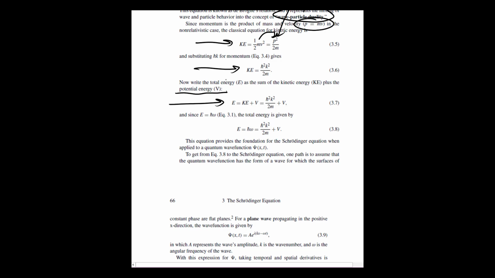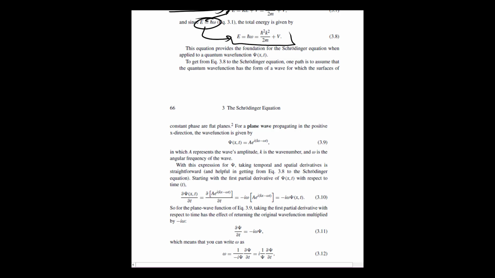If you've taken a course in electromagnetics, you probably think of V as the potential energy per unit charge, which we call the electric potential. In quantum mechanics, we tend to use V as the potential energy. So we're going to write that together with the kinetic energy and set that equal to the total energy. But Planck-Einstein tells us that the energy is h bar omega, so we now have this relation, and we're at least beginning to see some of the terms that are present in the Schrödinger equation.